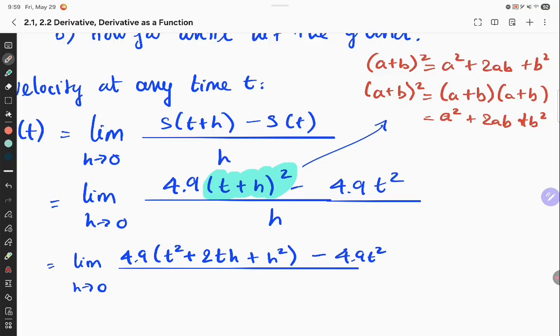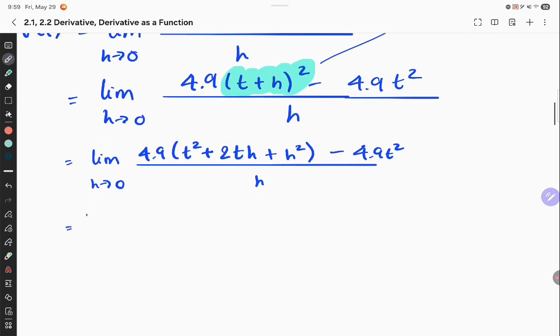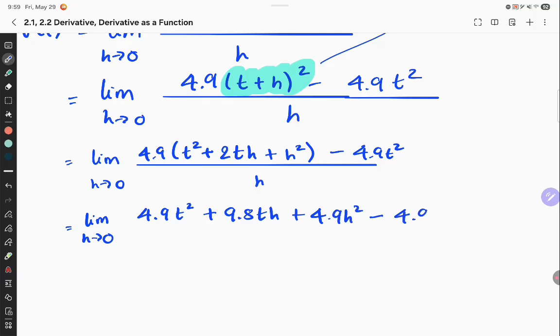All right, h on the bottom. Distribute 4.9 one by one. 4.9 times 2, 9.8, right? Times th, another 4.9 h squared, minus 4.9 t squared, divided by h.